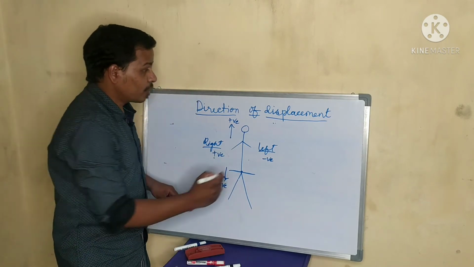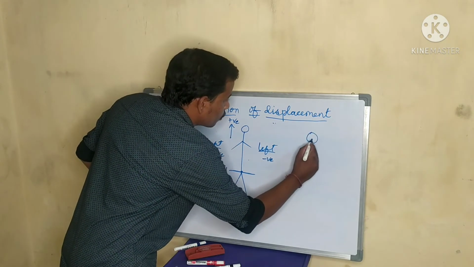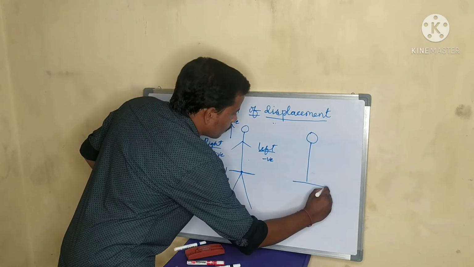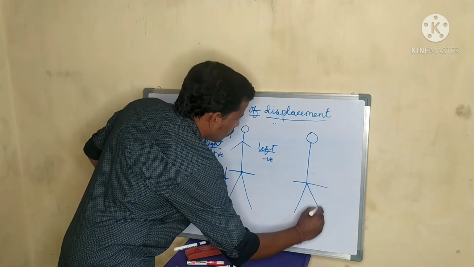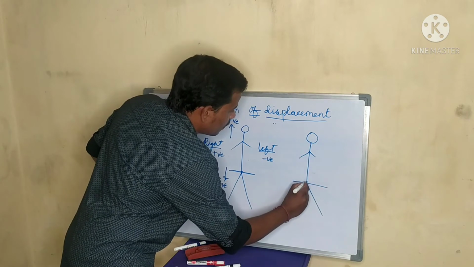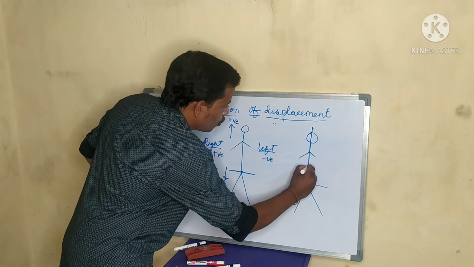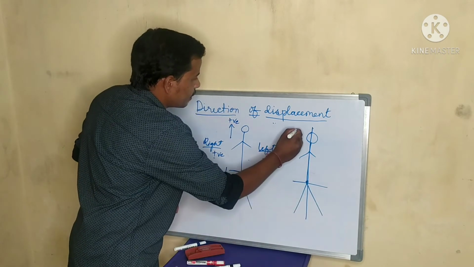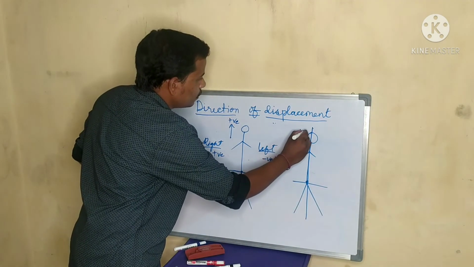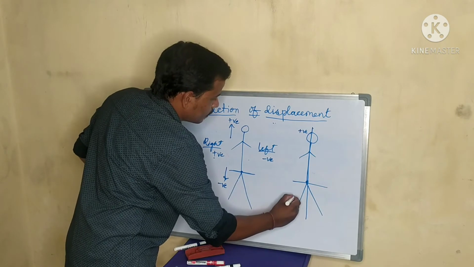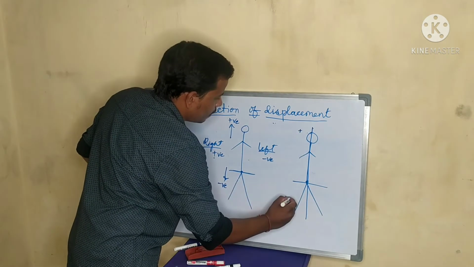Why? Because if you take a picture, this is the center of mass and the y-axis runs from up to down. In this direction it is designated as positive, and in this direction it is designated as negative.